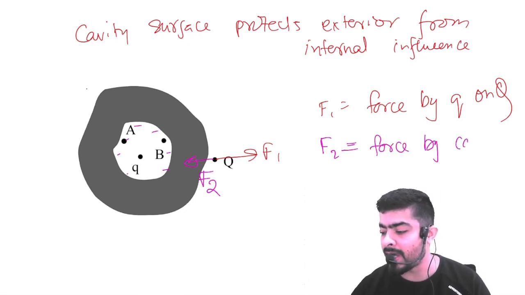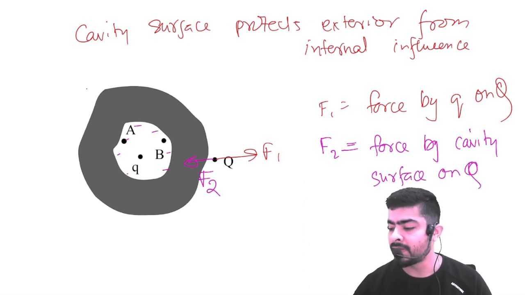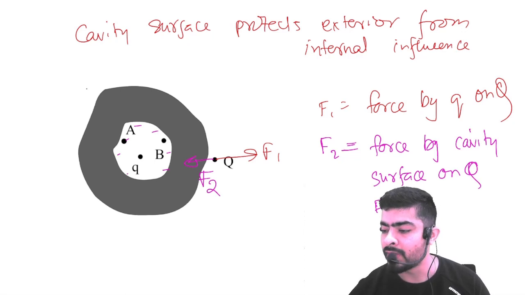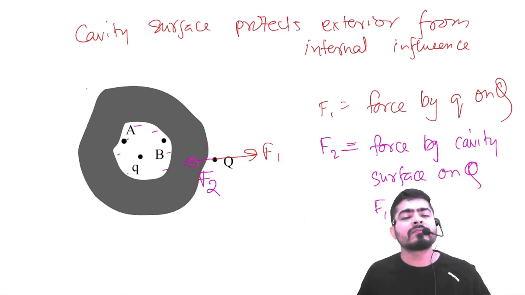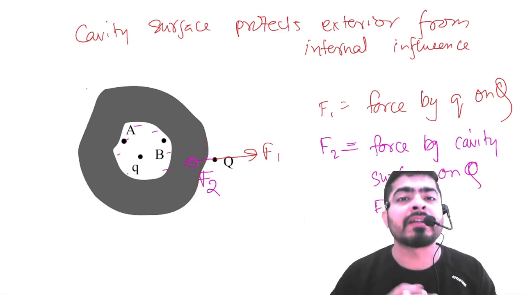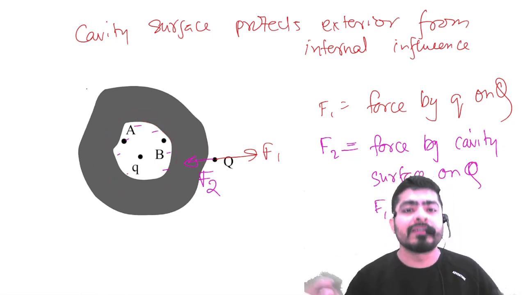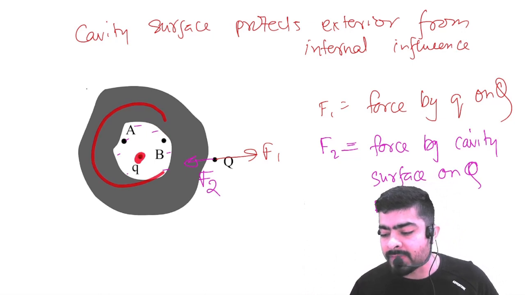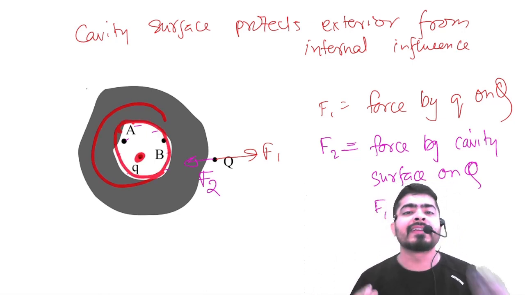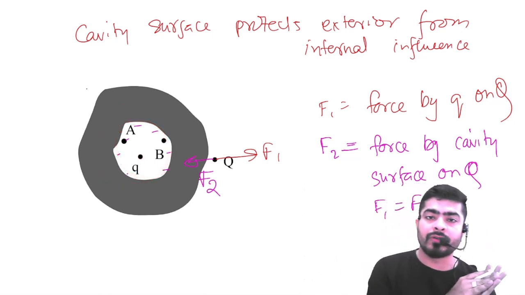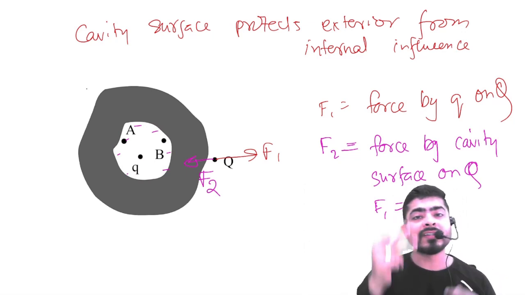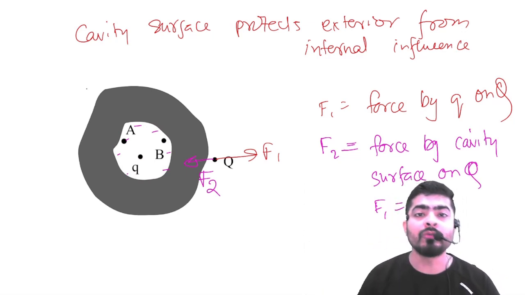Force by cavity surface on capital Q. And again F1 equal to F2. So these two forces cancel each other. So capital Q will experience no net force from this region, because Q and this cavity, they cancel each other out. Is this clear? So these are the two very important points that you have to remember.